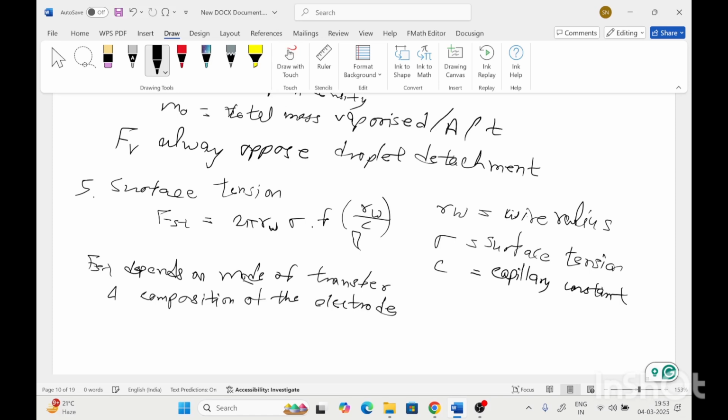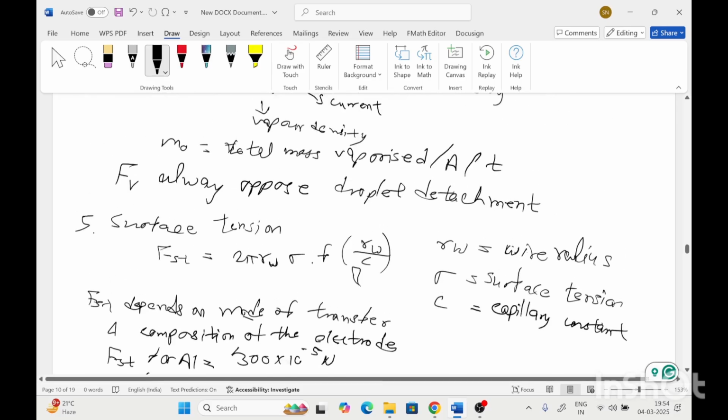Means for different metal electrodes, the surface tension will vary. For example, F_ST for aluminium is 300 × 10^-5 Newton, and for iron it is 600 × 10^-5 Newton. So for aluminium it is low, and for iron it is high.